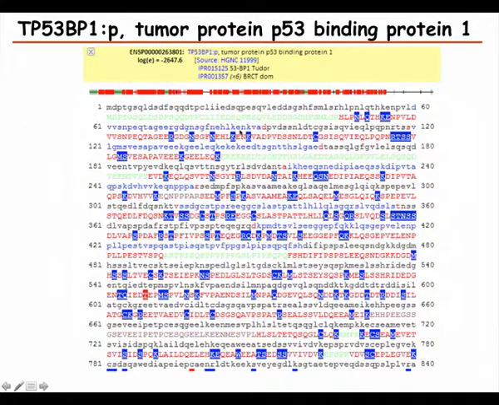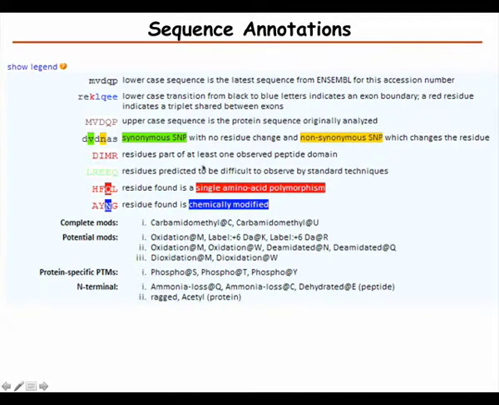Then if one digs further down, one can see for one experiment the linear representation, but also a representation on the sequence level, showing modifications and all sorts of other information. So you see the sequences and the exon boundaries, and then it shows synonymous and non-synonymous SNPs.